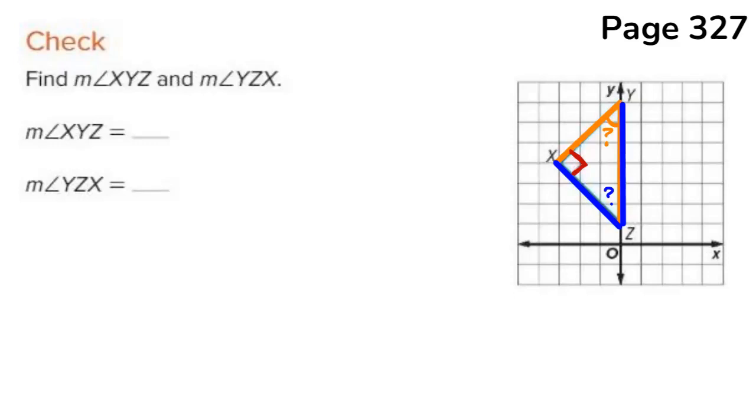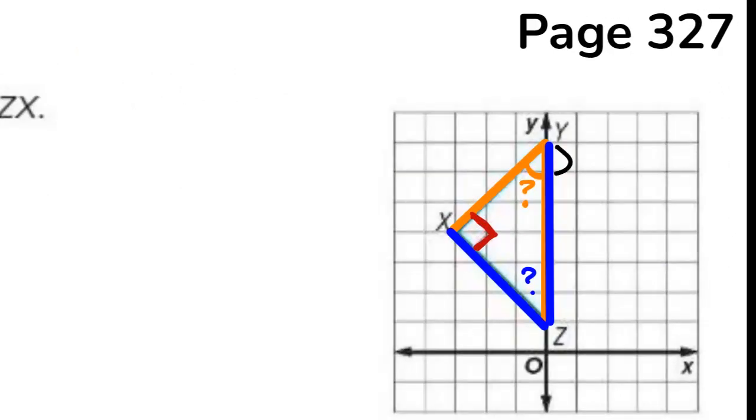If 2 sides are the same length, then I'm going to be able to solve this because that means 2 angles would be the same size. Are there any of these sides that I can just count? Yep, from Y to Z. I can count that because it's right on top of the grid lines. This is 1, 2, 3, 4, 5, 6 units.